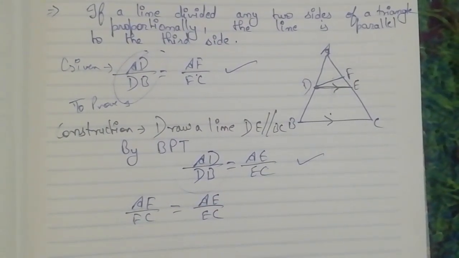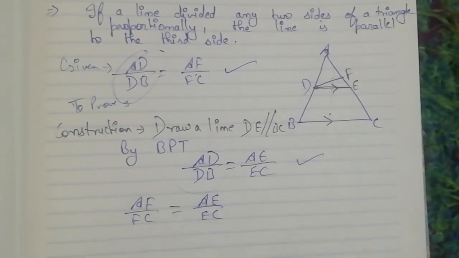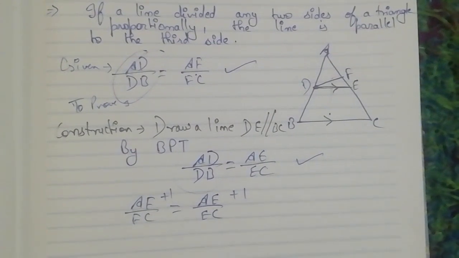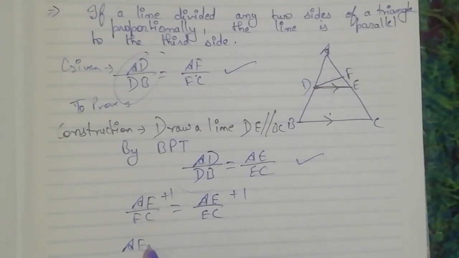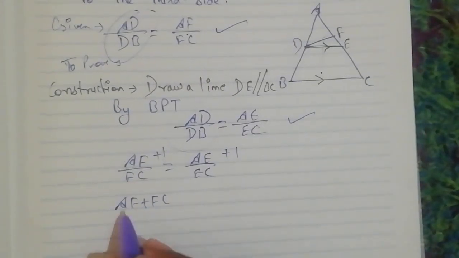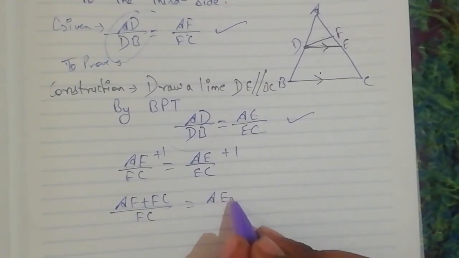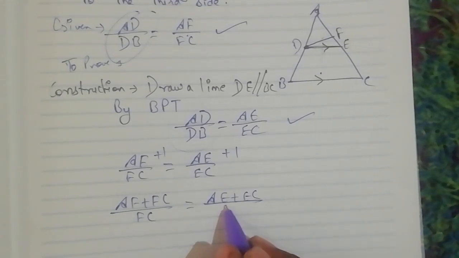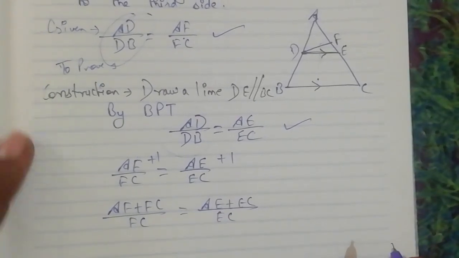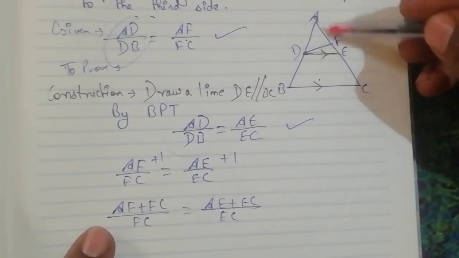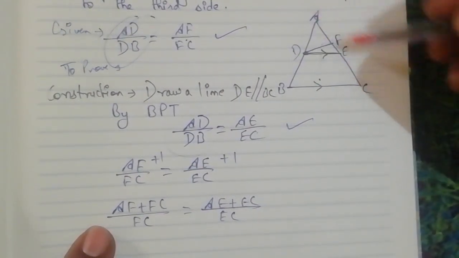Now we will add 1 to this side and 1 to this side. So this becomes AF plus FC upon FC is equal to AE plus EC upon EC. Now look, AF plus FC is nothing but AC.